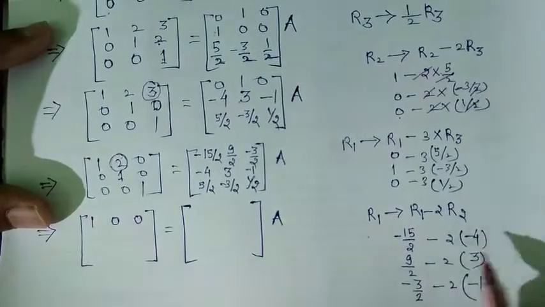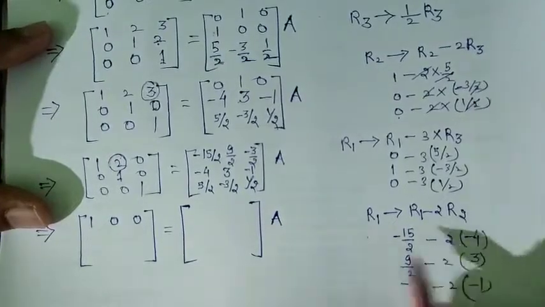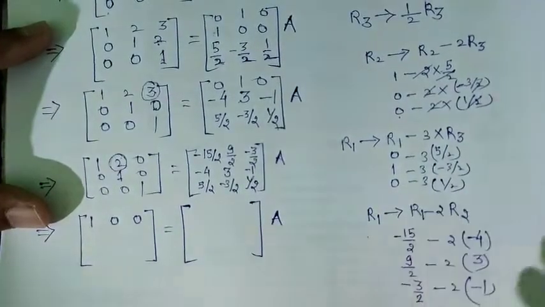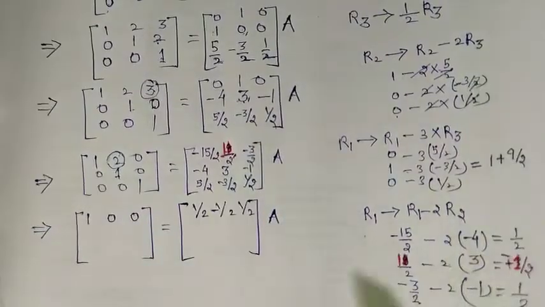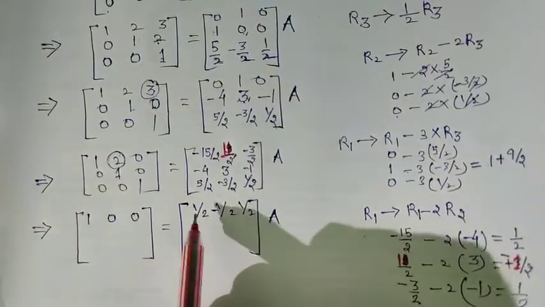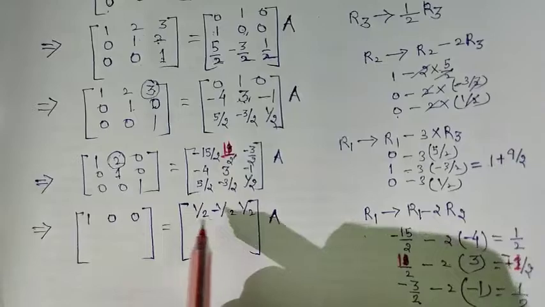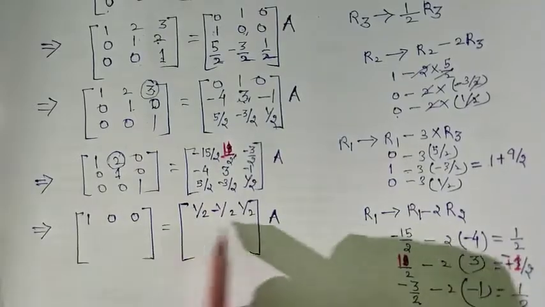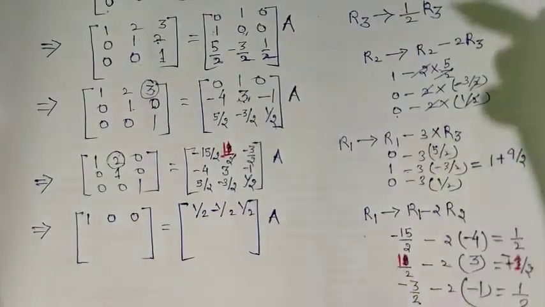We just have to simplify and put these values in place of R1. After calculating, we'll find this value, and in R2 and R3 all the elements remain the same.